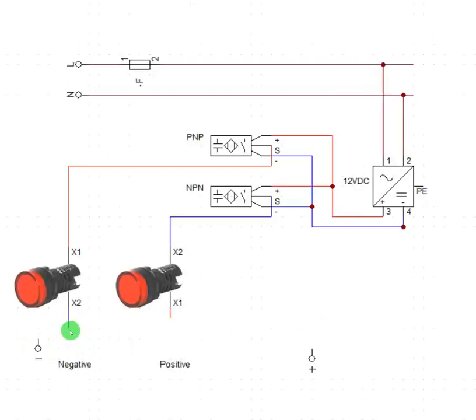Let's put back the terminal. Okay, now let's simulate. You can see it's on now. So you must understand the polarity: which one is positive, which one is NPN, and which one is PNP.